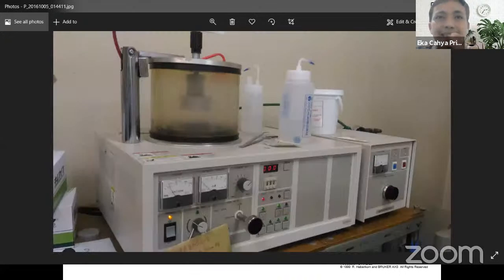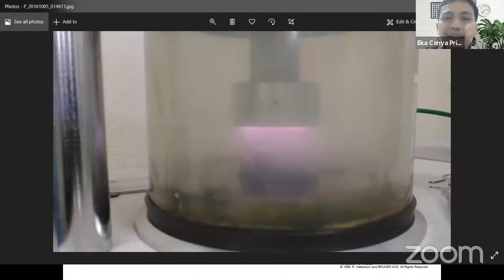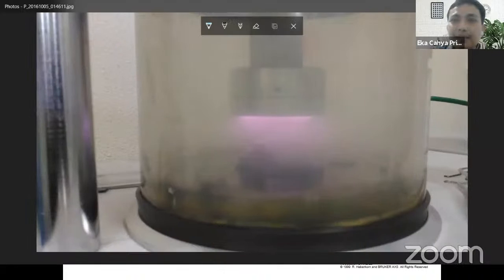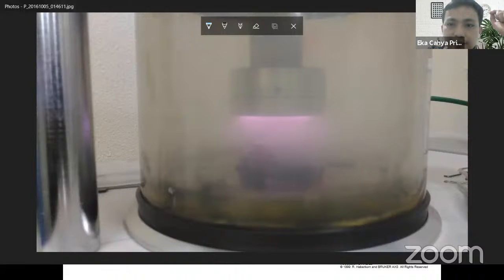Here, we call this sputtering. This is the atom. When the atoms bombard here, have I shown you before? I forget. Here I put the film, and this one is the target, a Pt target, platinum target.